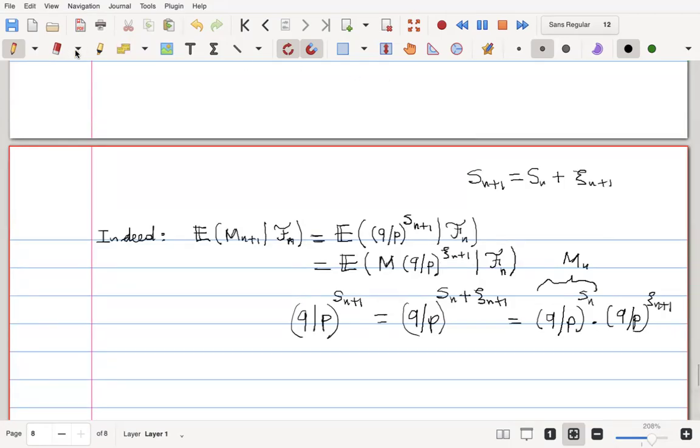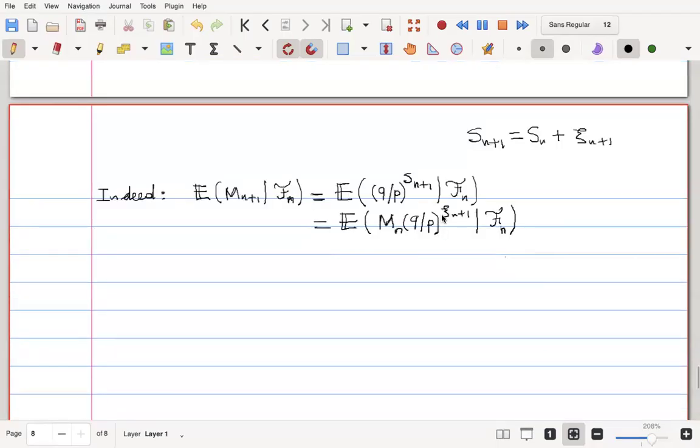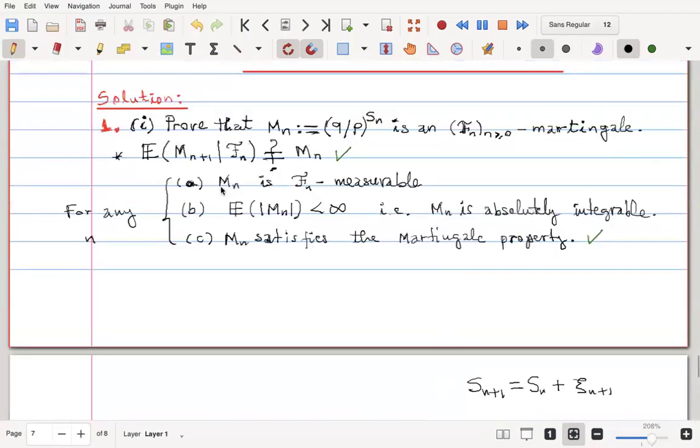I can erase this, since we have already expressed our result in the form that we want at this stage. Now, if you look at what we wrote above, M_n is F_n measurable.